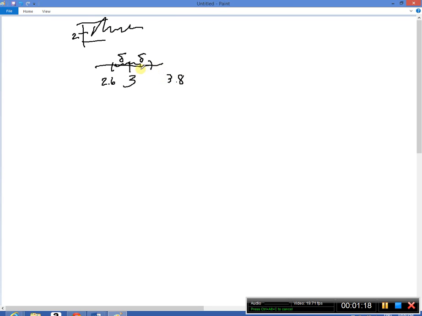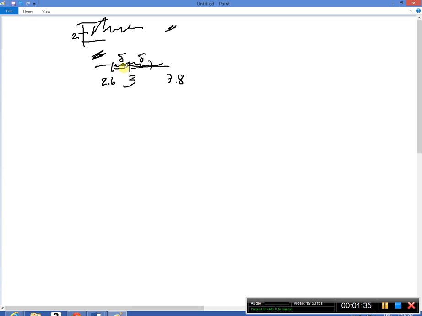Unfortunately, if you went all the way to 0.8 on the right, even though you'd be inside the strip on the right side, you'd be out of the strip on the left side. The y values are down here instead of being within the strip. So you can't go all the way to 3.8.